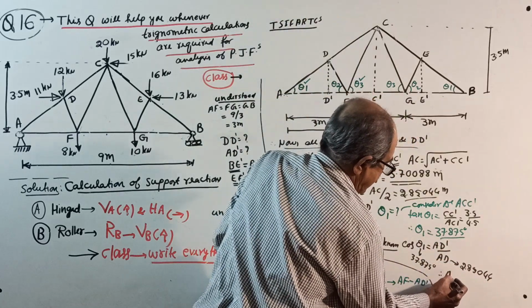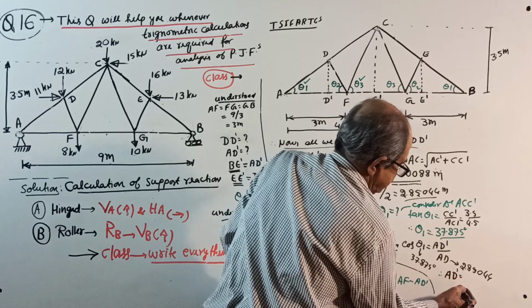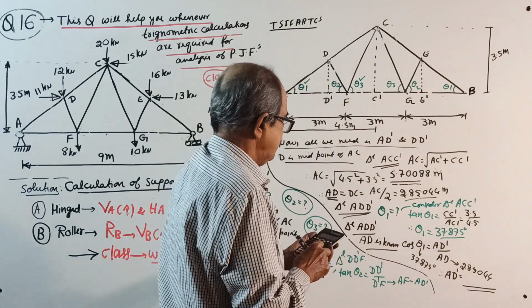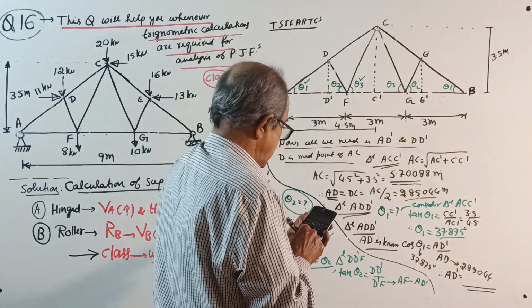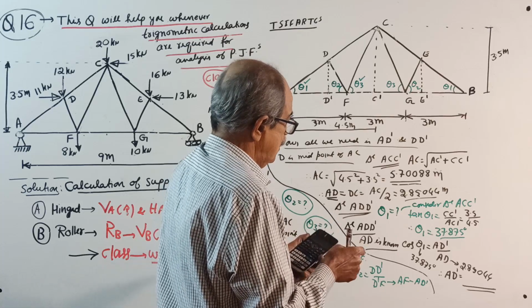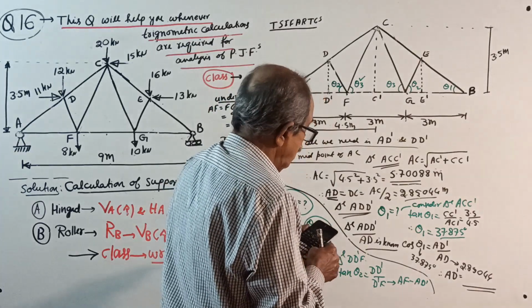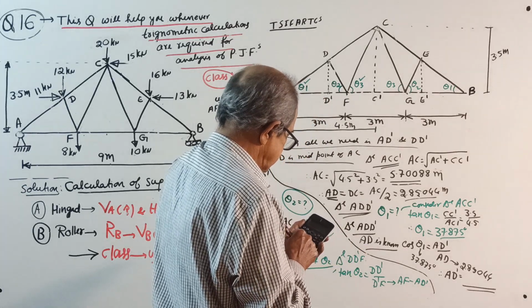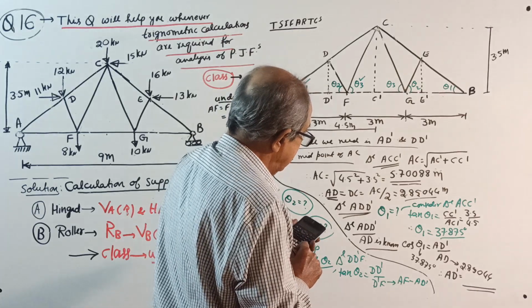Therefore, you get the value of AD dash. 4 decimal is sufficient. 2.85044 into cos of 37.875, correct? I don't know any mistake.